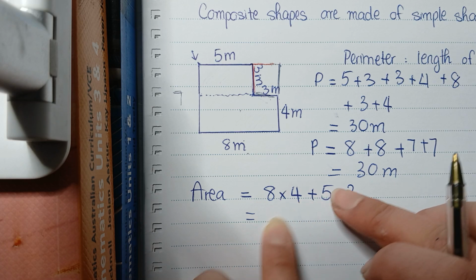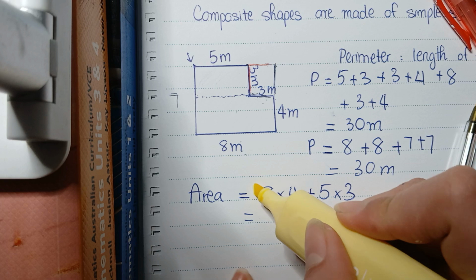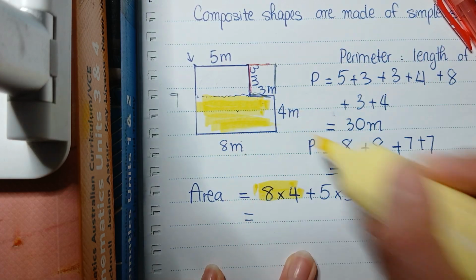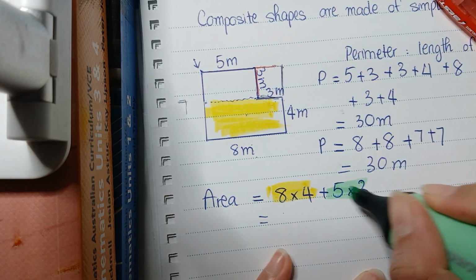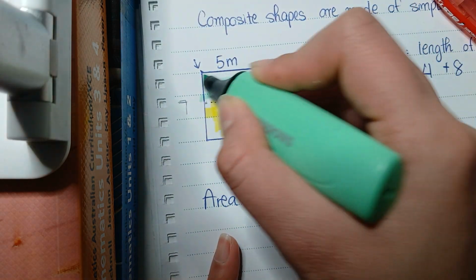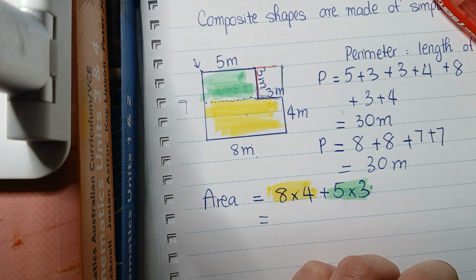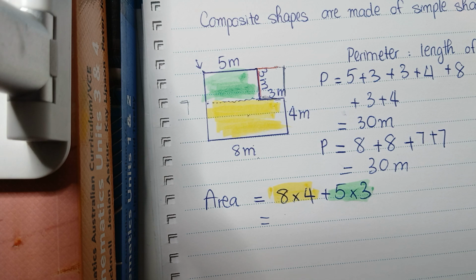Do you see? Okay, so A times 4 is for this part here, and 5 times 3 is this smaller rectangle, so adding them up is equal to 47 meters squared.